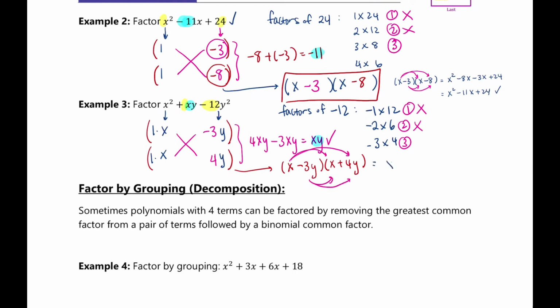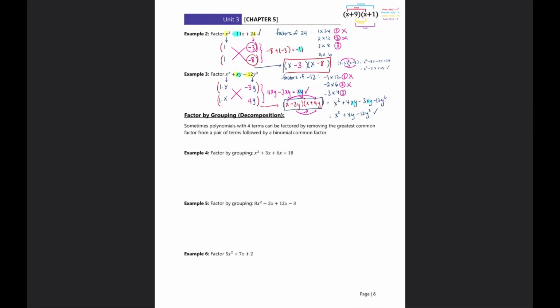We have x squared plus 4xy minus 3xy minus 12y squared. I see like terms here, so I'm going to combine those two coefficients together. We have x squared plus xy minus 12y squared. We got the original trinomial back, so this factoring must be true. So this is it for the first part of 5.3.